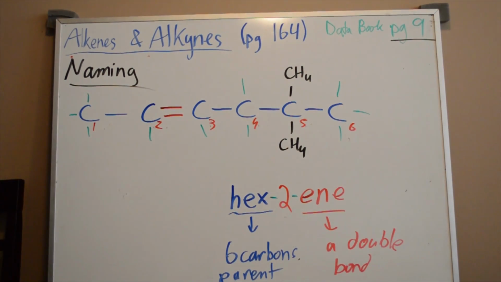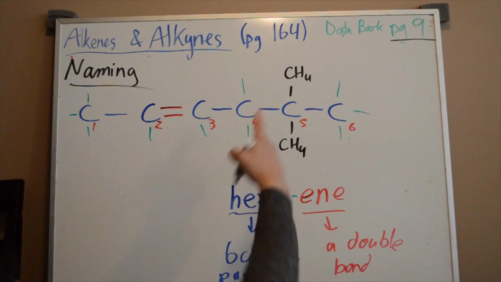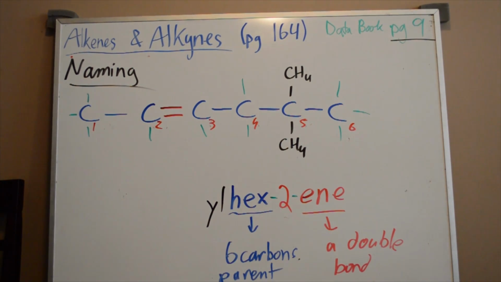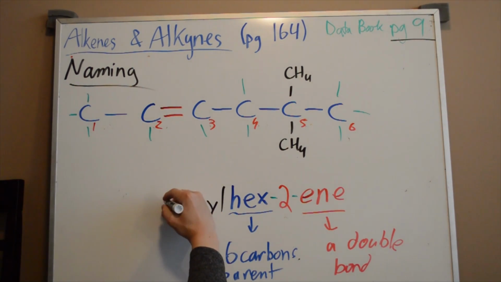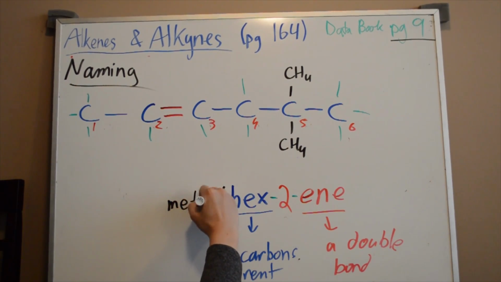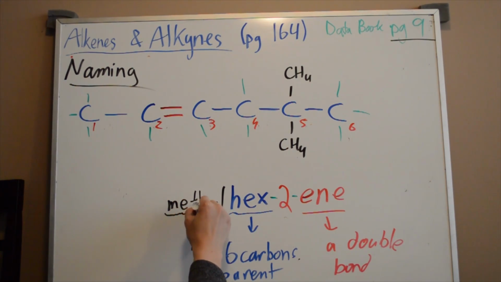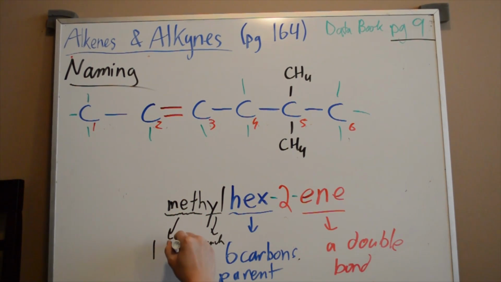We know 100% that branches end with yl, and since they're single carbon branches, it's going to be meth. The yl part means it's a branch, and the meth part means it has 1 carbon. So we have a 1 carbon branch off of hex 2ene.